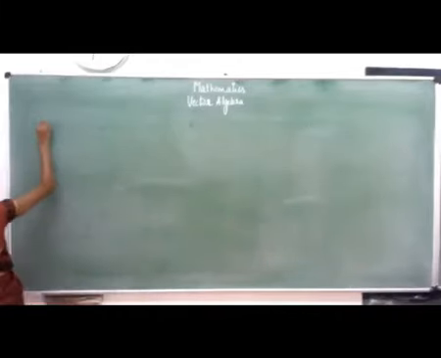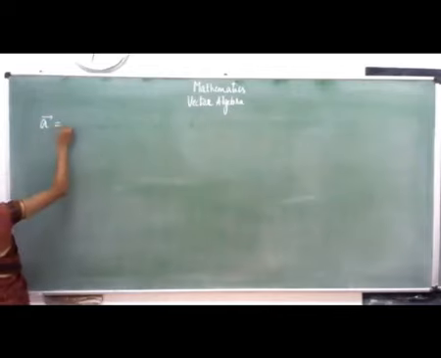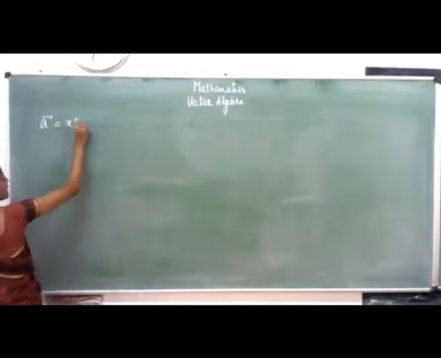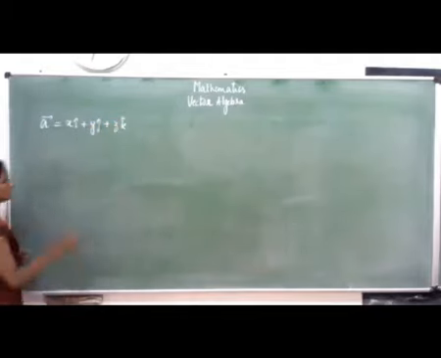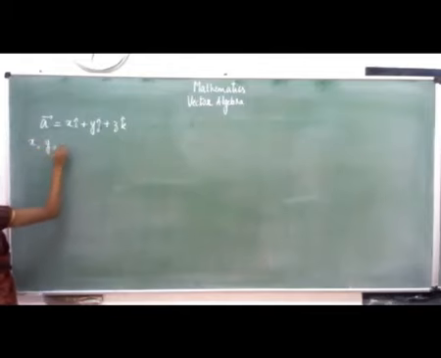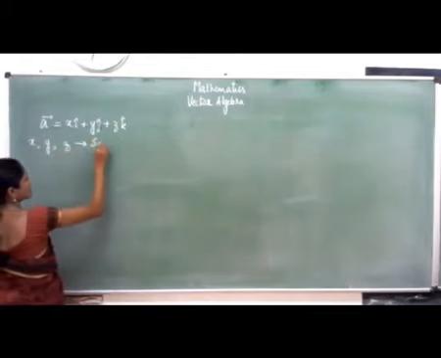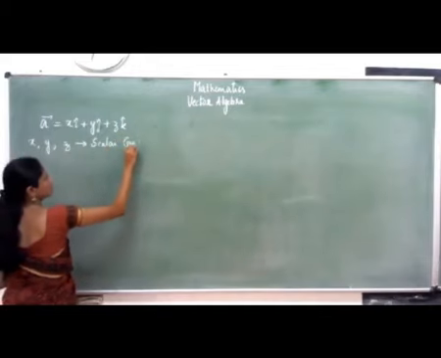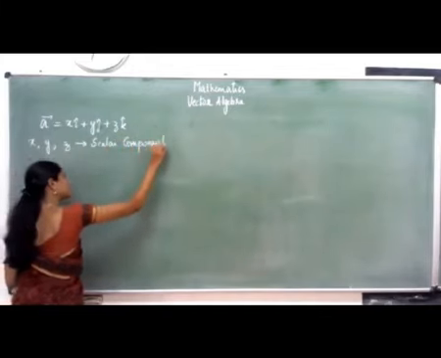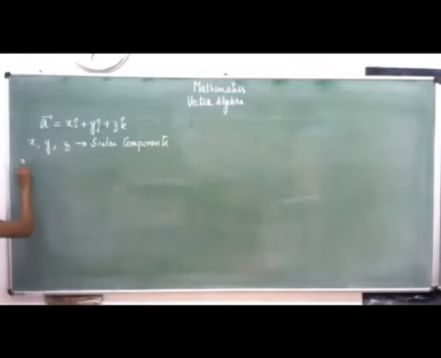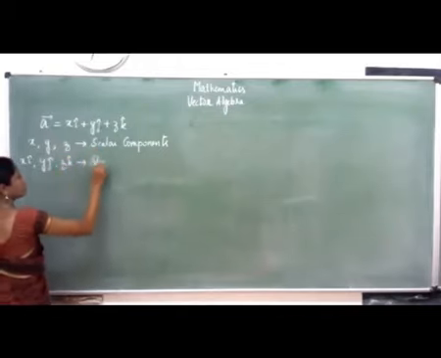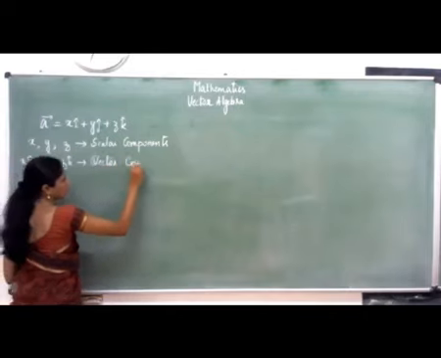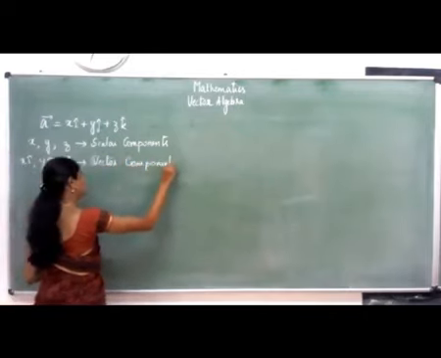So, if I take any vector, say vector A, which is in its component form, that is xi cap plus yj cap plus zk cap, then here x, y and z are called scalar components, and xi cap, yj cap and zk cap are called vector components of the given vector.